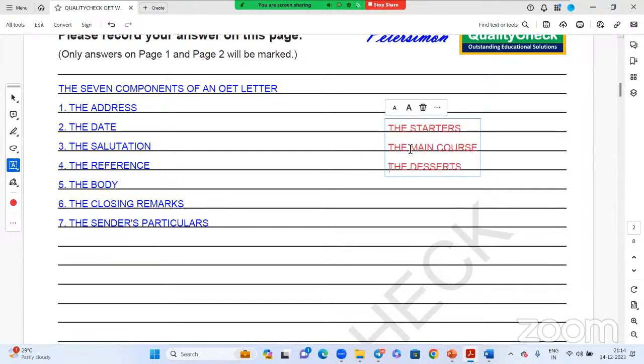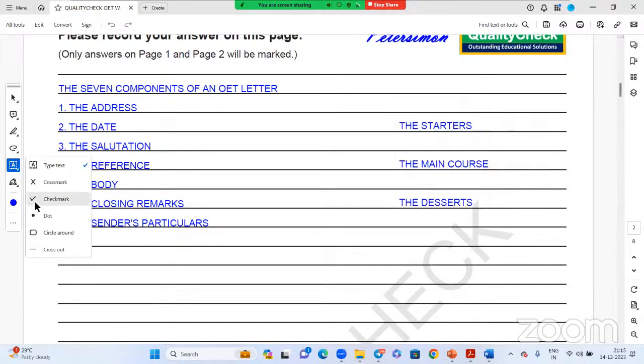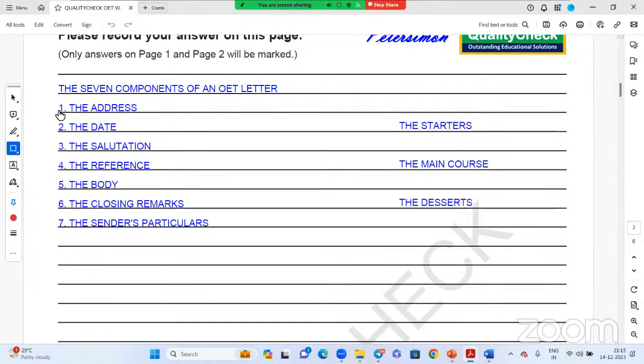So let us take the starters, the main course, and the desserts. If you take these three things, let us take these three things here. The first four, you can say starters.